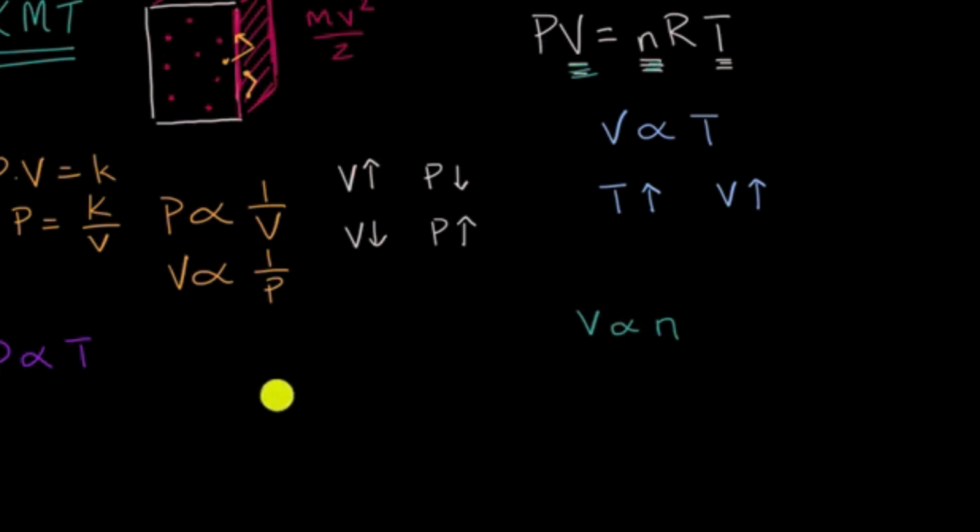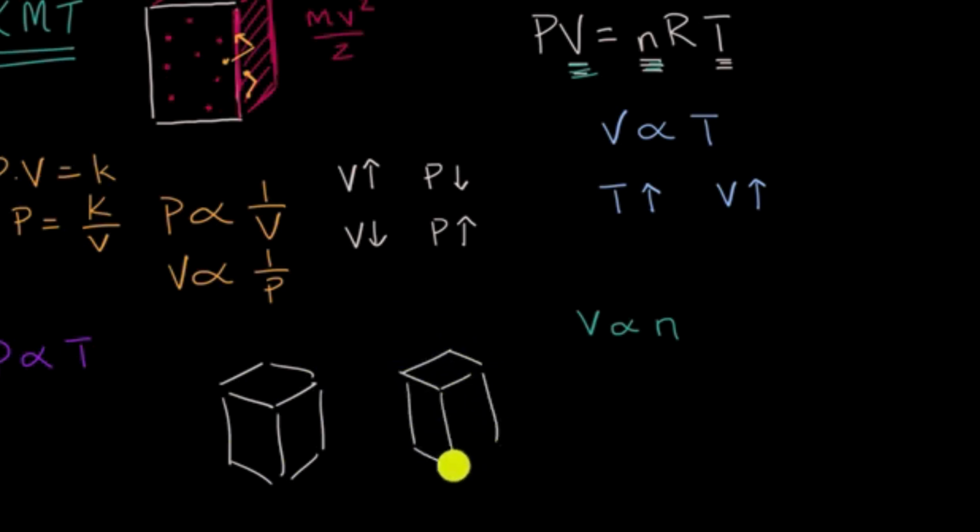Last but not least, let's say I have two identical containers. If I have two identical containers, that's one there, that's one over here. And actually, I'm going to draw that same container a third time. And let's say over here, I have gas 1, and it has some pressure due to gas 1.